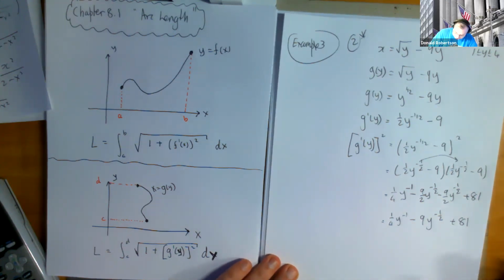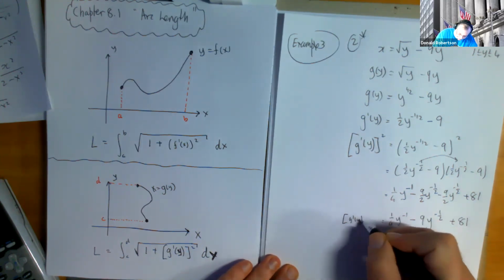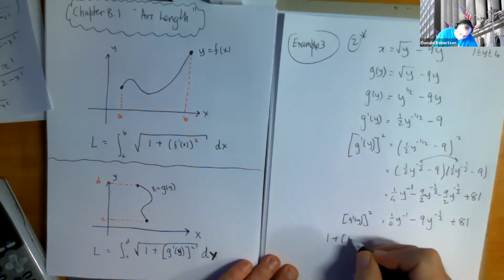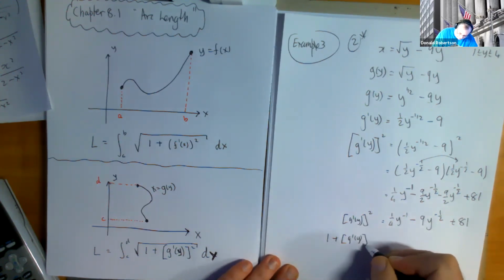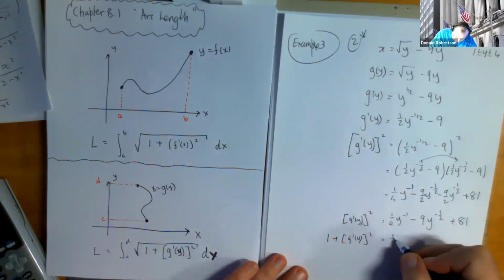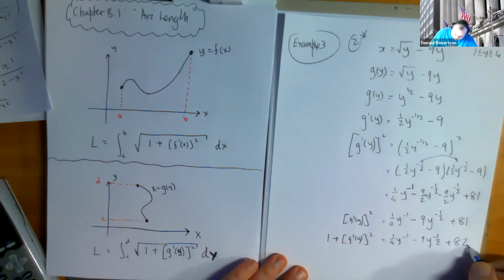Okay. So far, so good. And let's add 1 to it. Well, if you add 1 to this, you will get this, add 82.